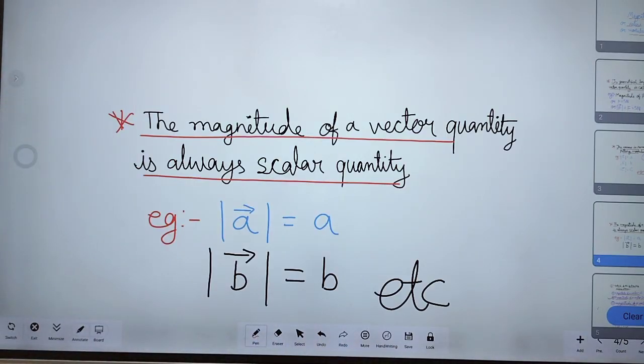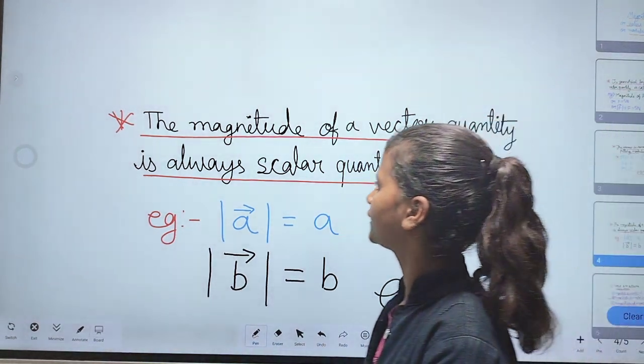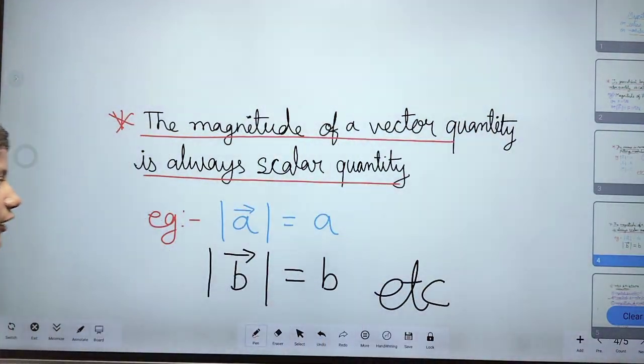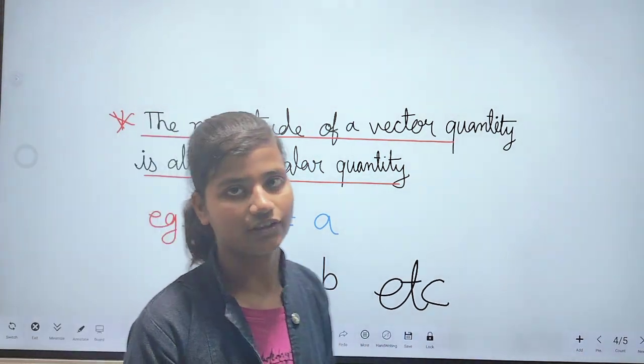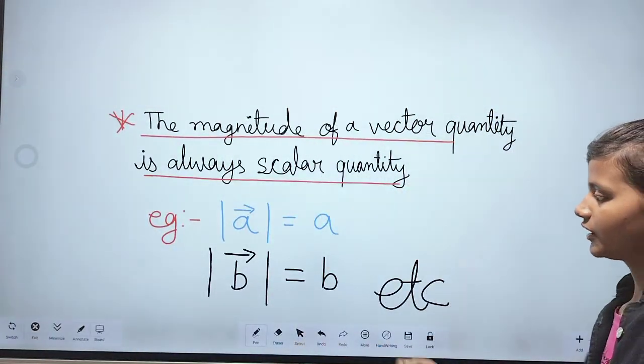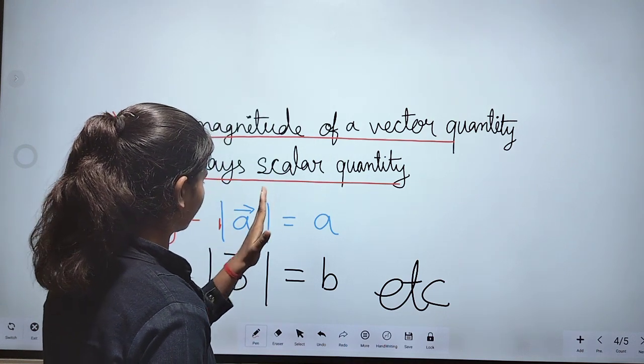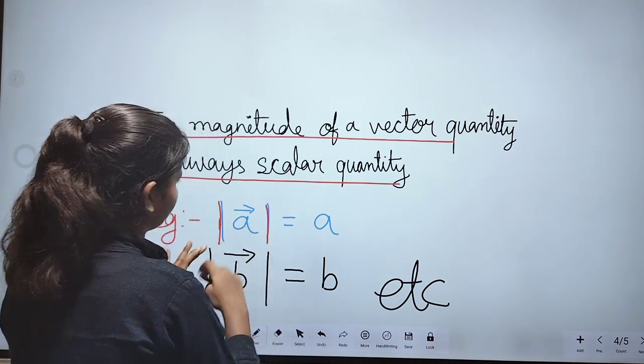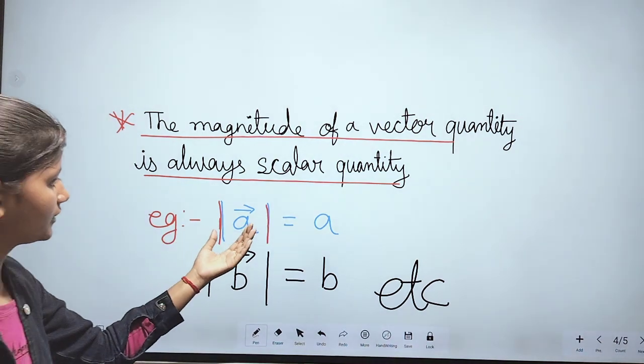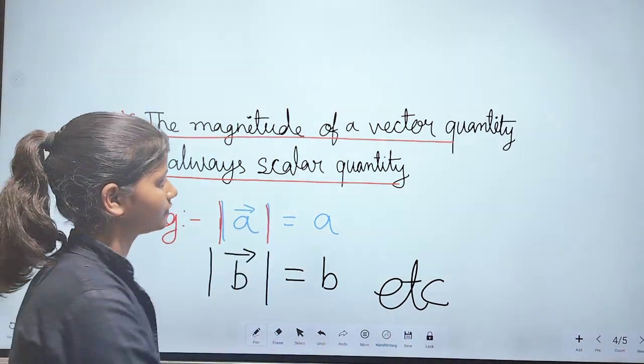Our next point is that the magnitude of a vector quantity is always a scalar quantity. Because if we put modulus, or you can say magnitude, then the arrow is removed.